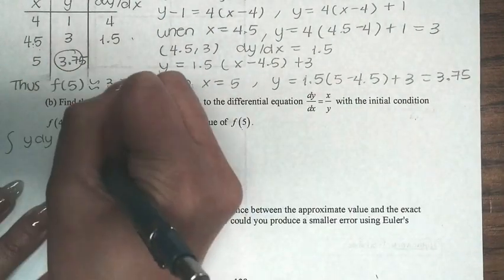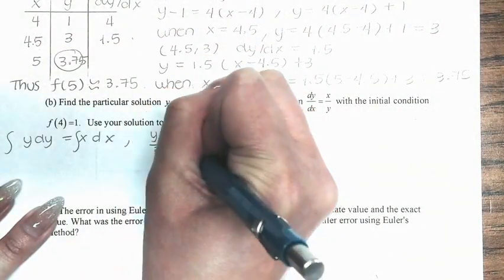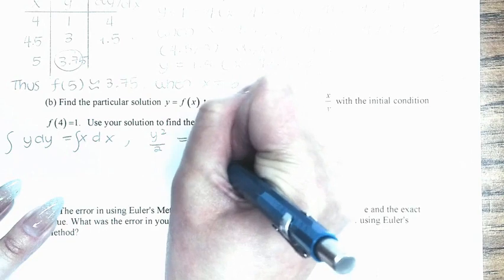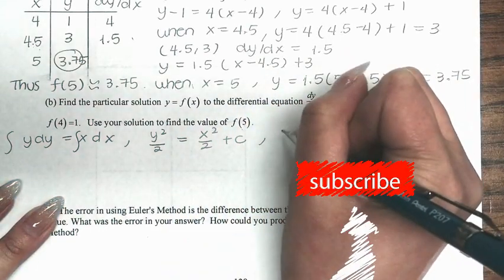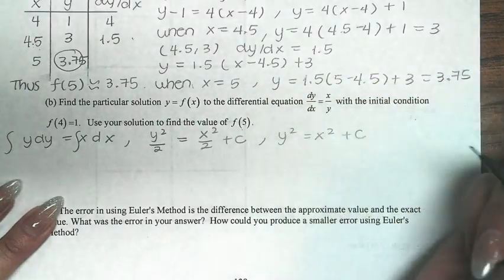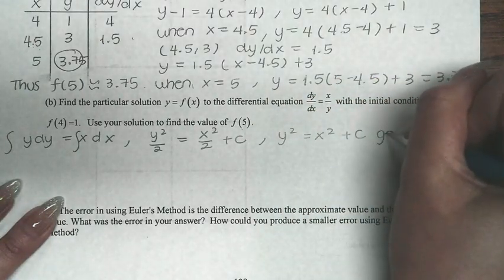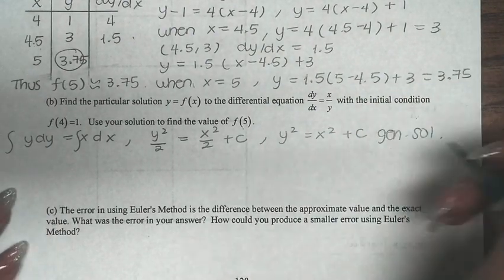This part we can integrate. If you integrate that, we have y squared divided by 2 equal to x squared divided by 2 plus c. Multiplying everything times 2, this gives y squared equals x squared plus c. I'm going to call that my general solution.